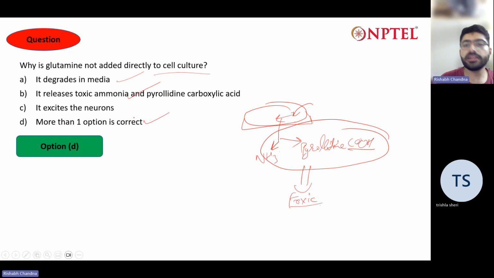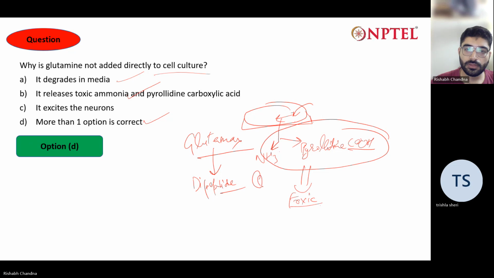So now, what is added as a substitute for glutamine? GlutaMAX is added as a substitute for glutamine, and it is a dipeptide of glutamine. So Q, Q. Why have I written Q here? Because it's the single-letter denomination for glutamine.